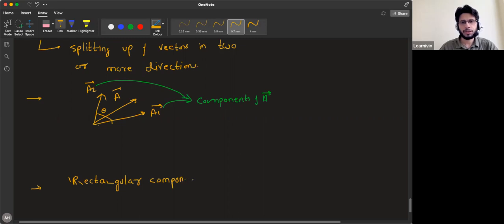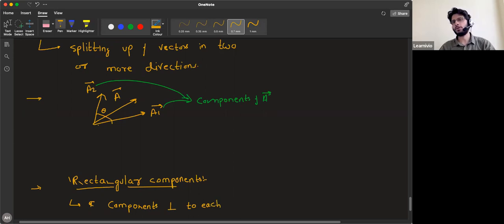So when we say rectangular components, we mean components which are perpendicular to each other. The components which are perpendicular to each other are known as rectangular components.